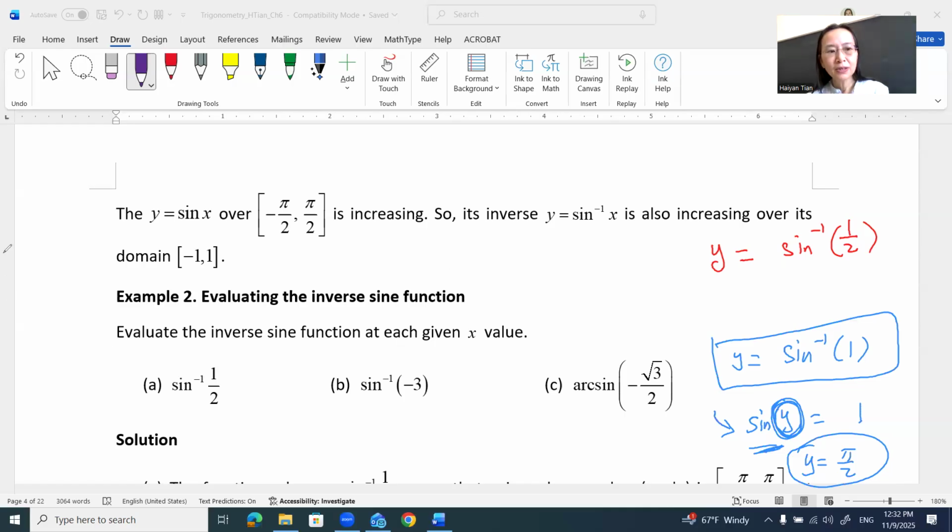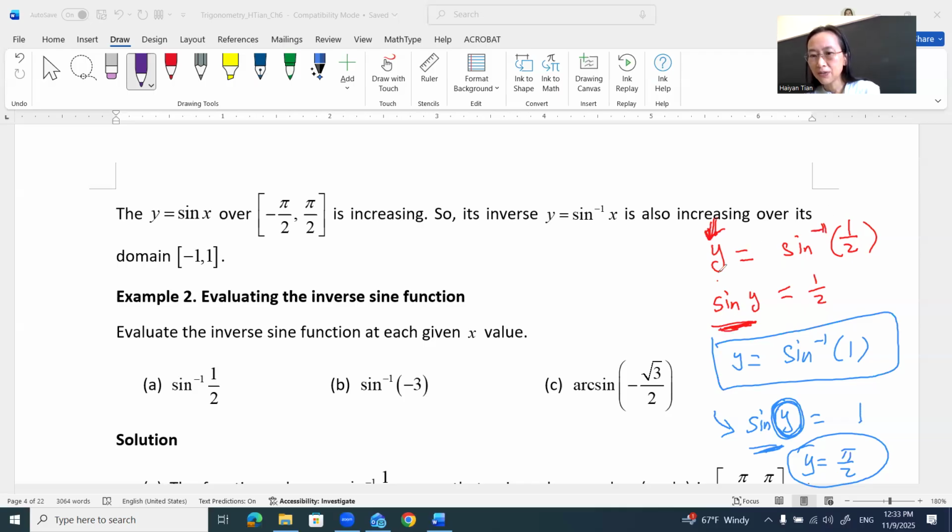But how about this case? We think similarly. So y is sine inverse of the number whose sine value is a half. But you need to look for the y. Y has to be in the domain of the sine. This y is actually in the range of the inverse sine. Y value should be in the range of the inverse, because it's sine inverse.